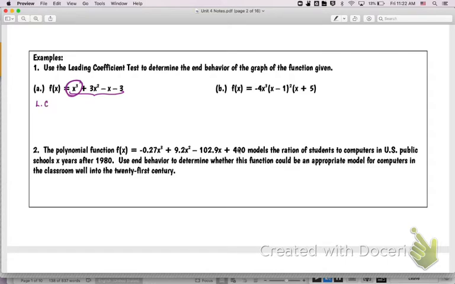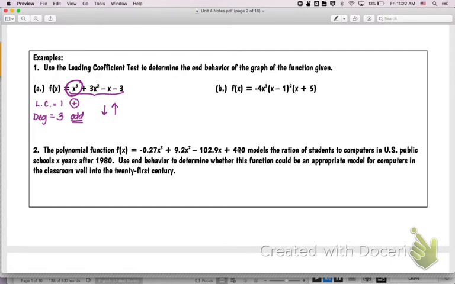So the leading coefficient is 1, which is positive, and the degree is 3, which is odd. So we want positive and odd. You can look up at the table that we looked at before. Positive and odd means that we're going to be down on the left and up on the right.